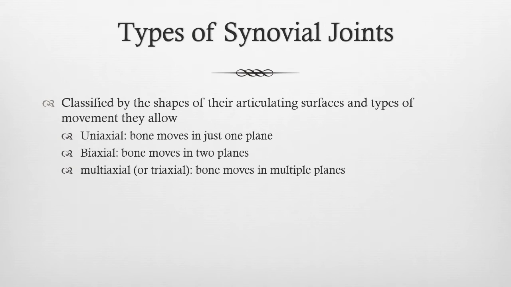A biaxial joint can move in at least two planes. It has the ability to move not just back and forth, but also side to side. And then we have multiaxial joints, which have the ability to move in the X, Y, and Z planes, so we have a large amount of motion there.